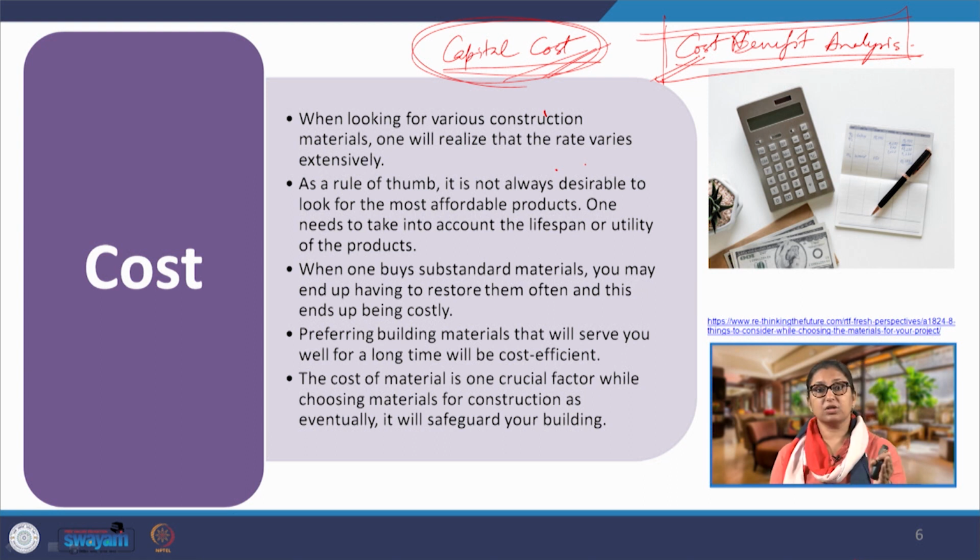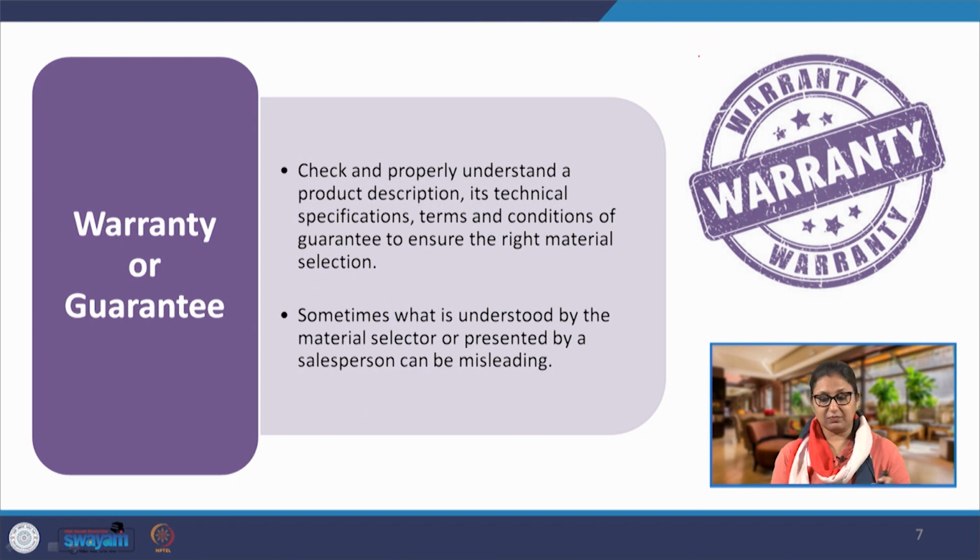So, the upfront cost plus the operational cost that is going to be incurred because of this selection. This is what we are looking at when we say cost. And the second one within this economic consideration is warranty or guarantee. So, we are talking about durability.